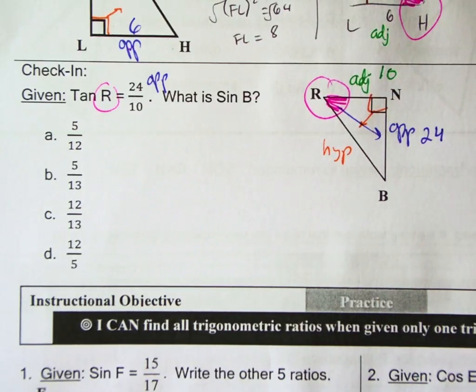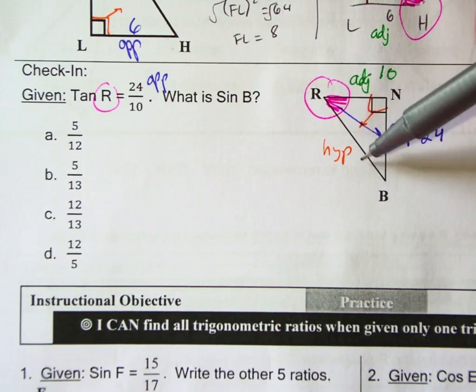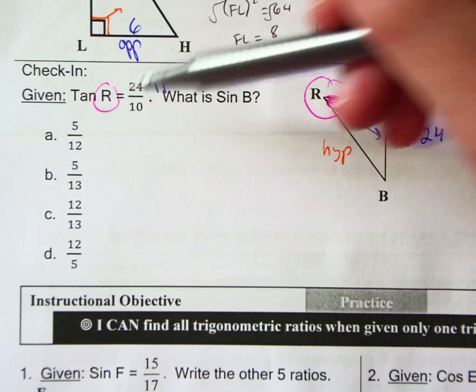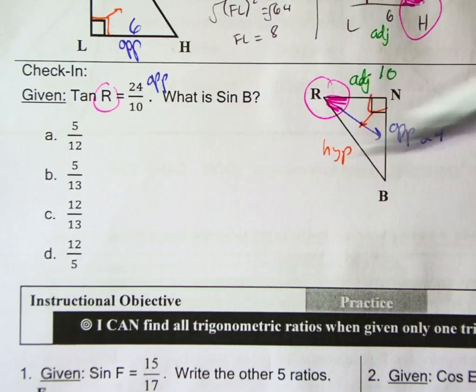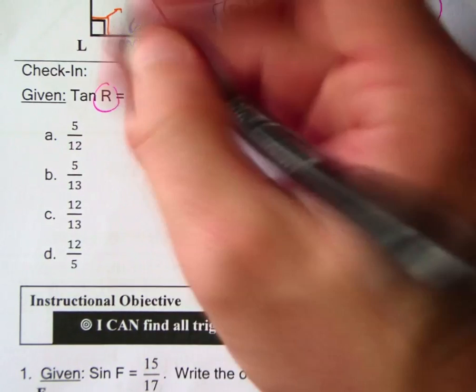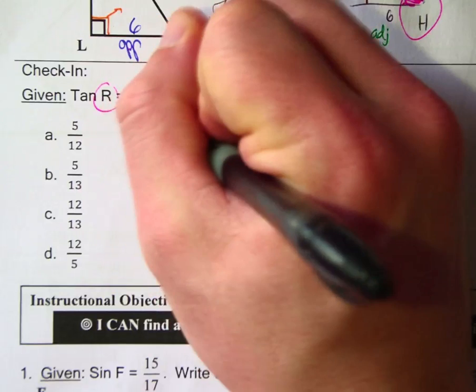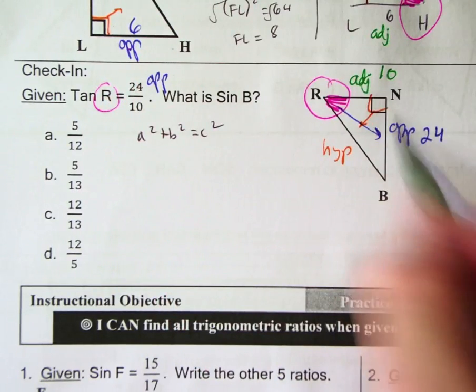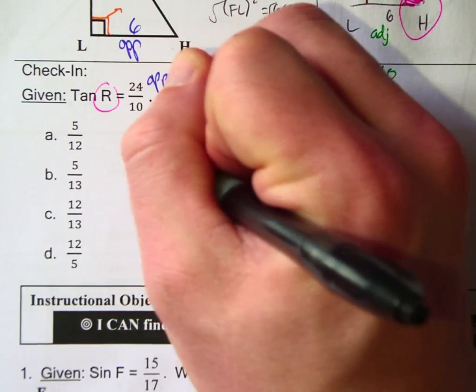Now we may have wanted to reduce first because it would have given us smaller numbers to work with. If you didn't do that, you'll just be working with much larger numbers to do Pythag. If you had reduced first, you could have gotten 12 over 5, and those would have been much easier to work with. But let's say you forgot to reduce, and you find the missing side. My legs are going to be 10 and 24.